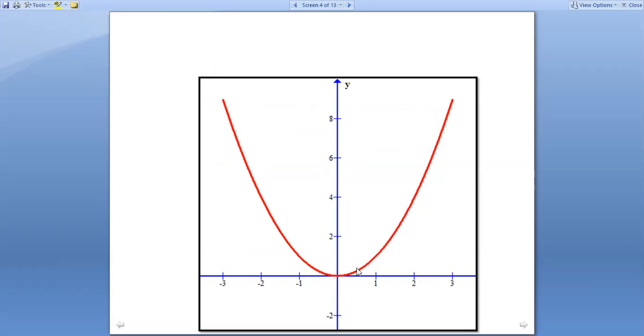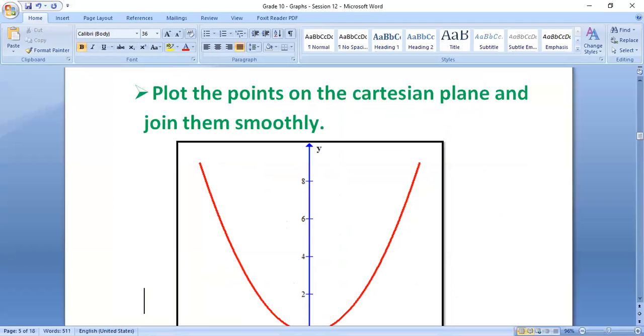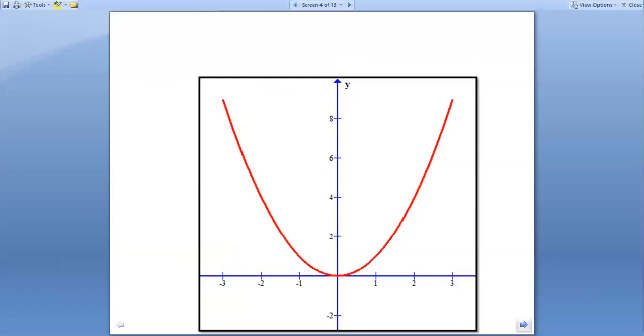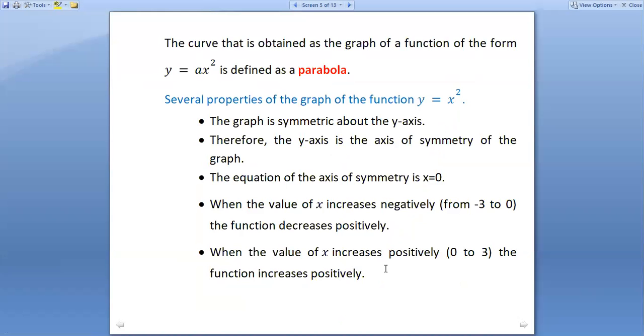In the same way, the function increases positively when the value of x increases positively. When the value of x increases positively, that means 0 to 3, the function increases positively.